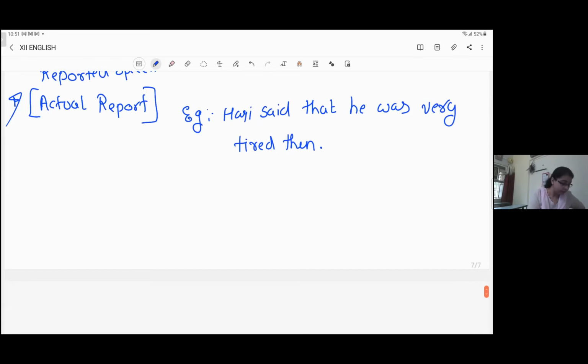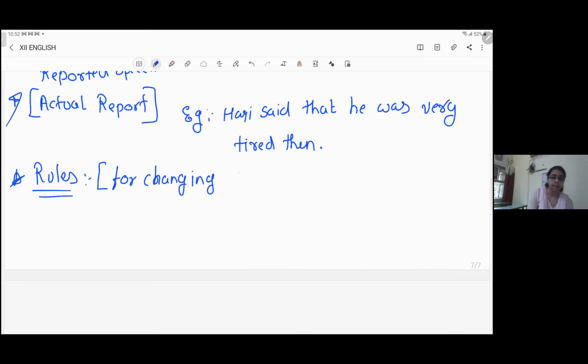You can write rules, in bracket, for changing direct speech to indirect speech.